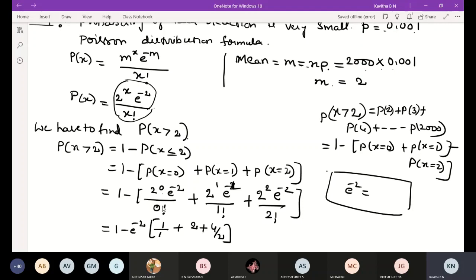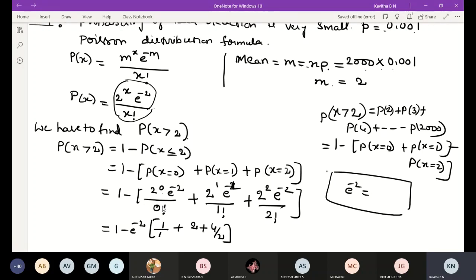Any doubt is there in this step? What is the answer?